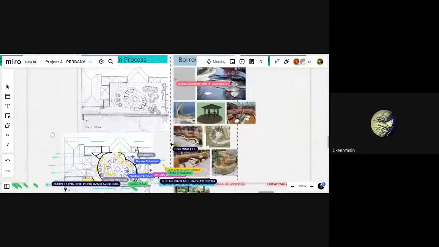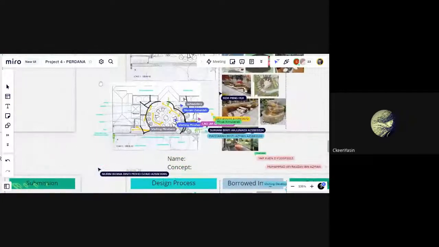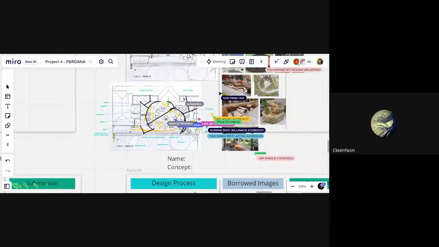Sebab yang ni dia nampak macam tak jive tau. It doesn't look jive to the center. Too many shapes. It looks isolated. You have this round, okay, nice, but you have aliens around it, kan? It doesn't connect with the surrounding.